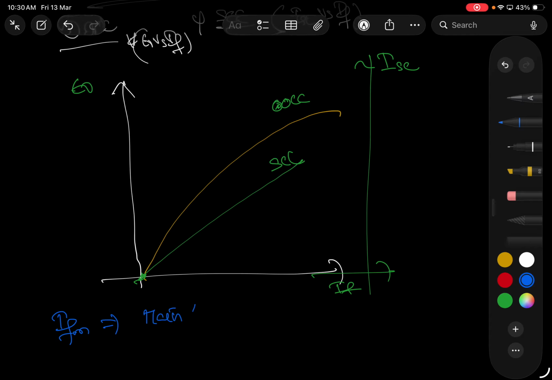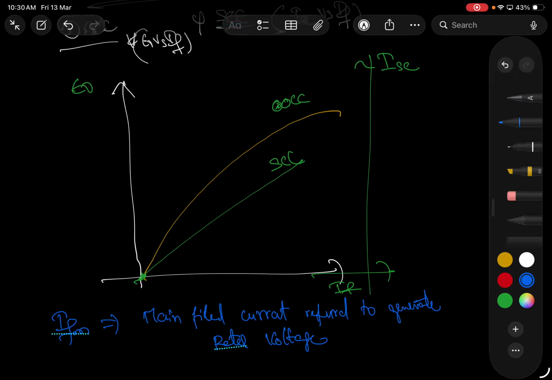Main field current required to generate rated voltage under no load condition.